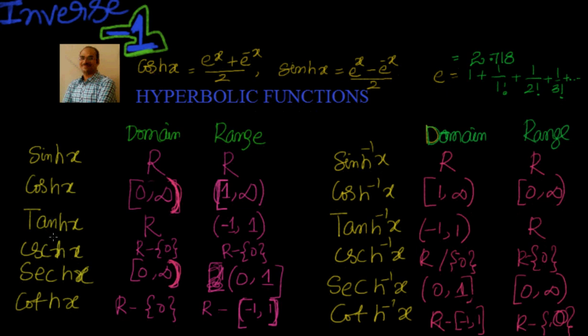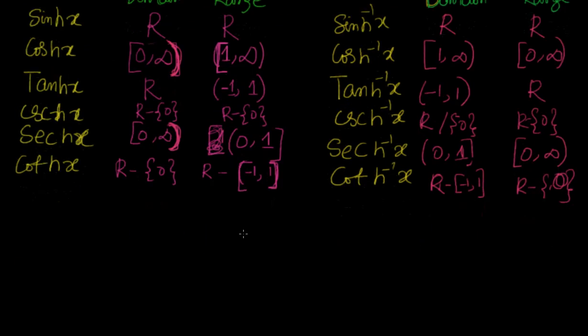That gives me x equal to sinh of y. Now you can take values of different y's and you can see how the x values change. It's nothing but exactly rotating the sinh x by 90 degrees so that the domain will become range and range will become domain. But in cosh and sech we will be taking only the half of it. That you have to remember.